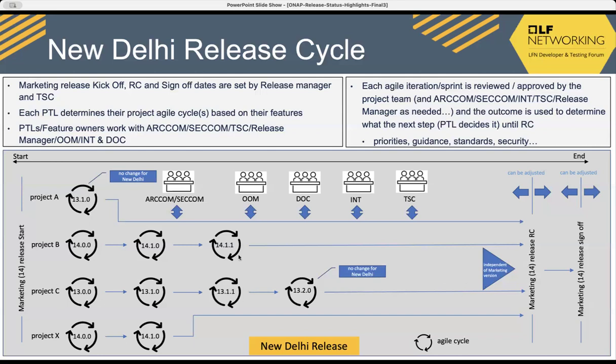We don't care how many iterations; the PTL controls. So all the Helm chart versioning is independent of the marketing version. This is the enhancement. Then we're going to adjust the RC and sign off based on how it goes. We're going to talk to PTLs and TSC, have a meeting, and then decide the actual date. That's the difference.